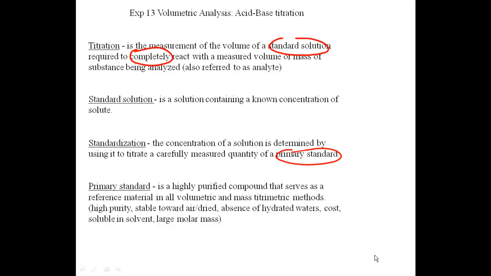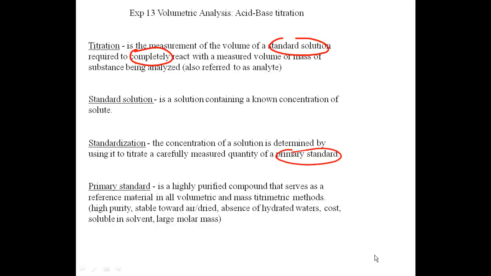You can see that sodium hydroxide actually gets wet as you put it on the balance because it's so hygroscopic. So we have to find a way to standardize that. I need to know how much sodium hydroxide is actually in the sample, because it's not going to be that 1 gram; it's going to have moisture in it as well. So we do the standardization process where we go against some primary standard and standardize that sodium hydroxide, and then we know the concentration of it.